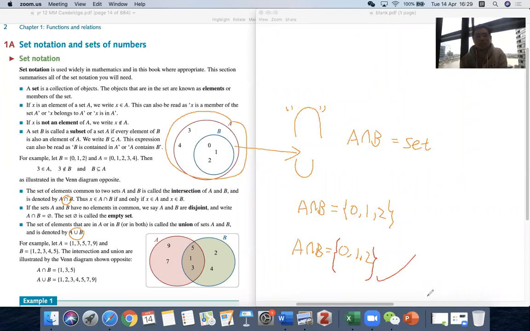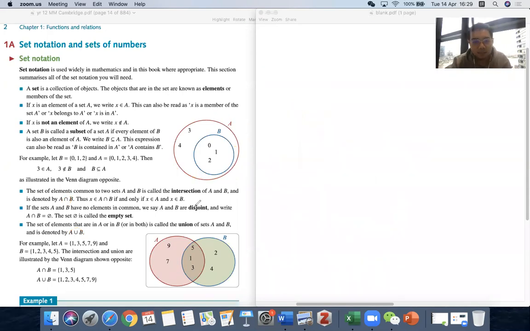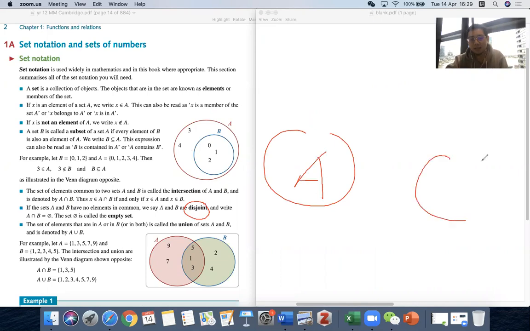Another thing is, if two sets have no single element in common, nothing in common, then we give it another name. We call it disjoint. So basically A is over here and B is over here, and we call them disjoint.